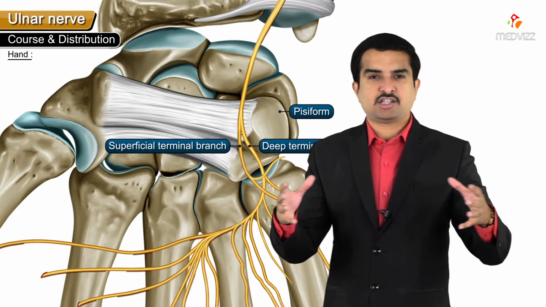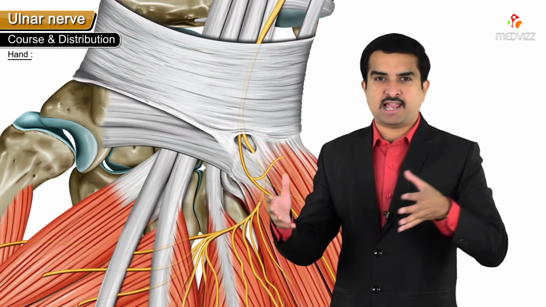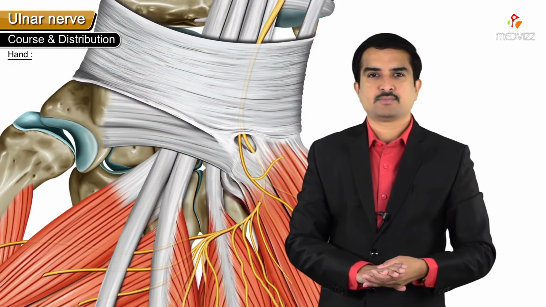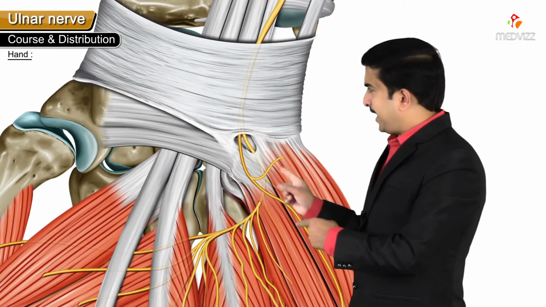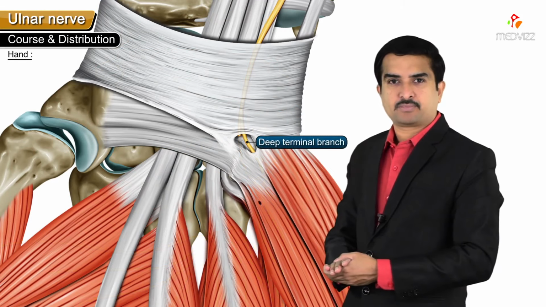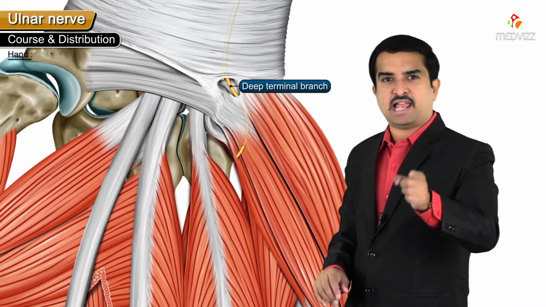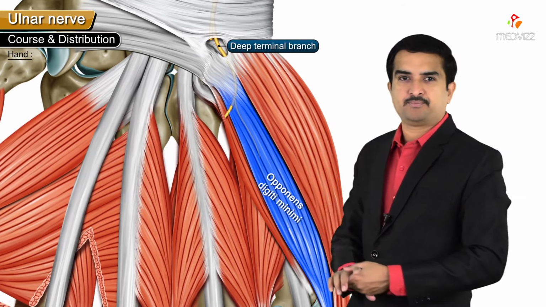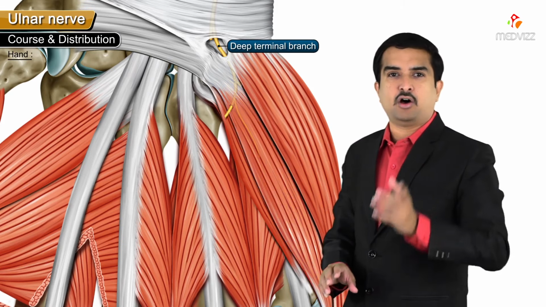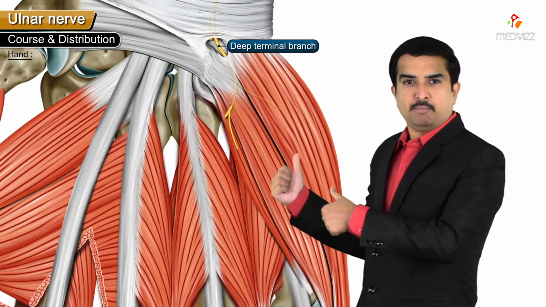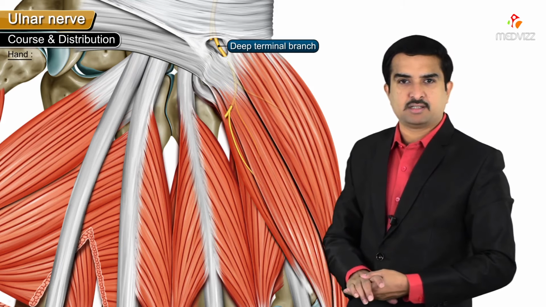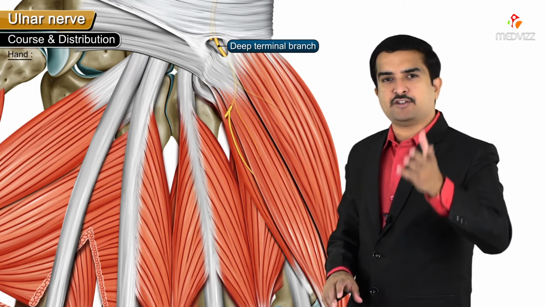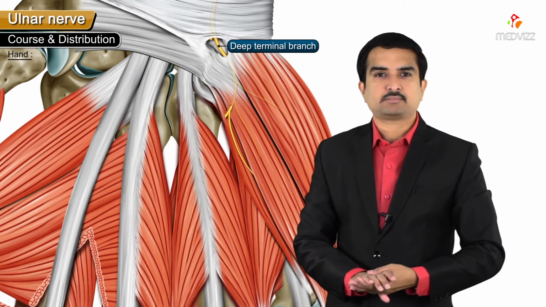So let us discuss separately the deep branches and the superficial branches. So the deep branch, we can see here, first pierces and innervates the opponens digiti minimi muscle and then gives off a branch to the remaining hypothenar muscles just after emerging from the Guyon's canal.